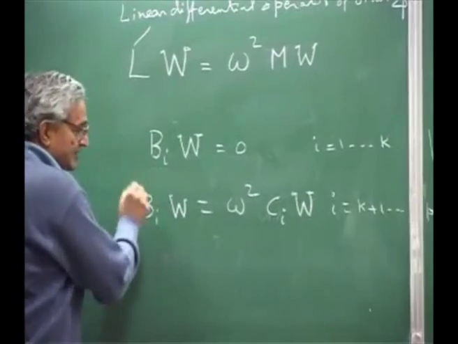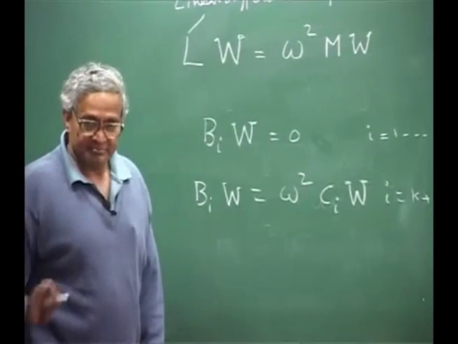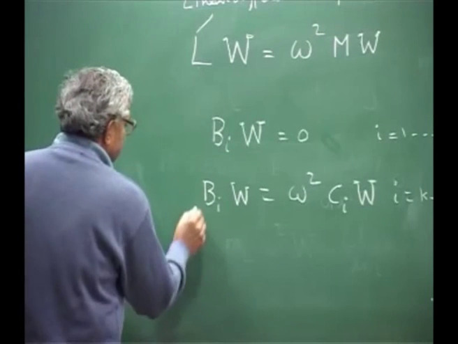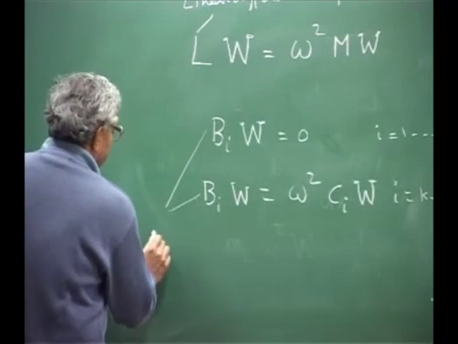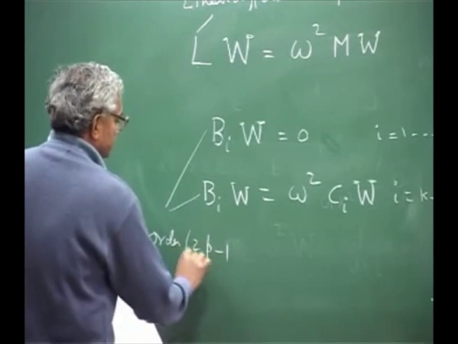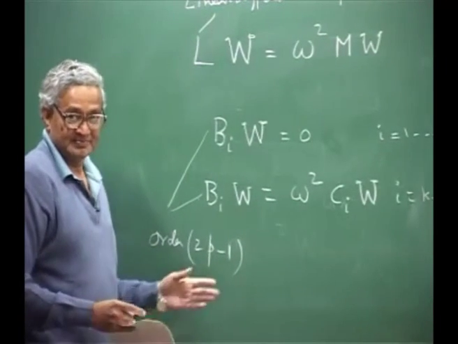Here the maximum order of the B_i is 2p minus 1 maximum. Okay.